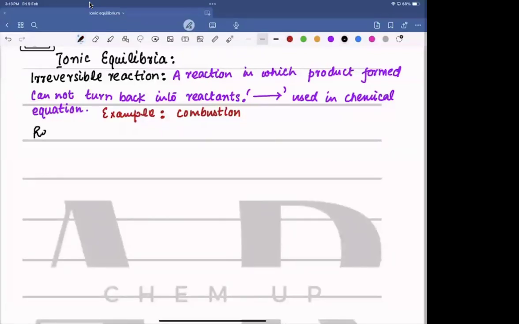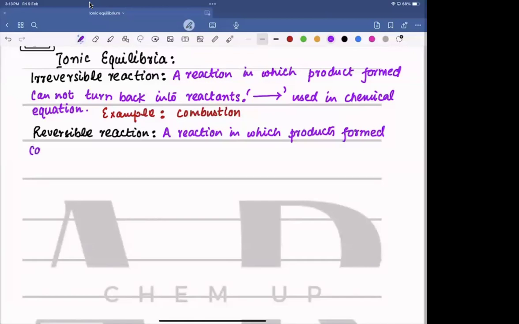Next we have reversible reactions. A reaction in which products formed can react to reform reactants again.